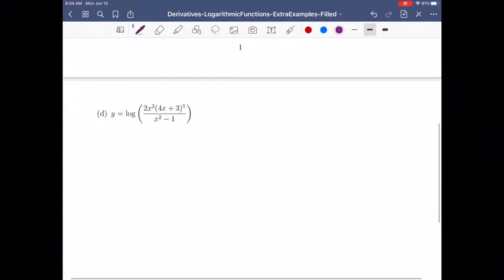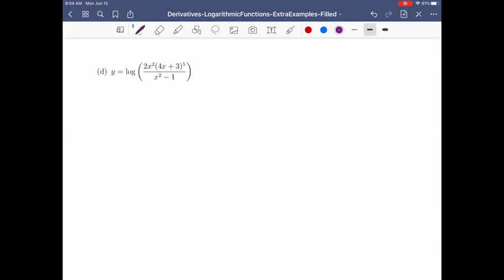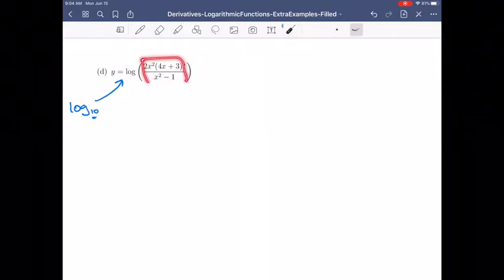Let's try another one. So when it says log with no base, okay, we actually mean log base 10. Okay, so this is log base 10 of this thing. So if we wanted to compute the derivative, it's going to be 1 over the inside times the derivative of the inside.